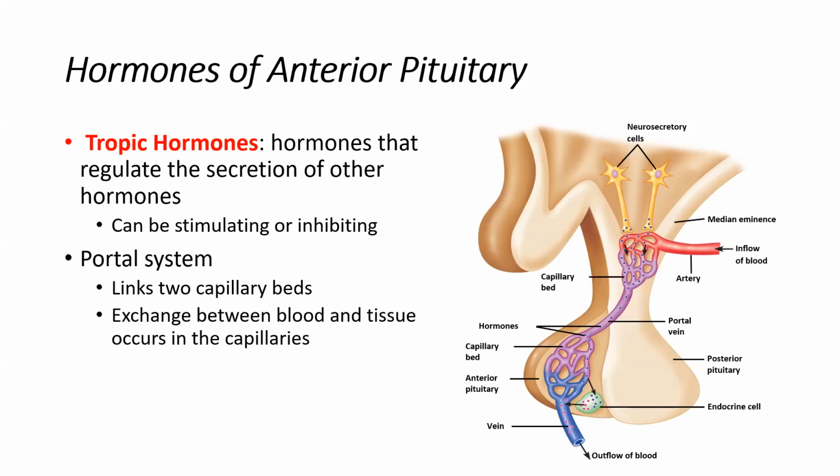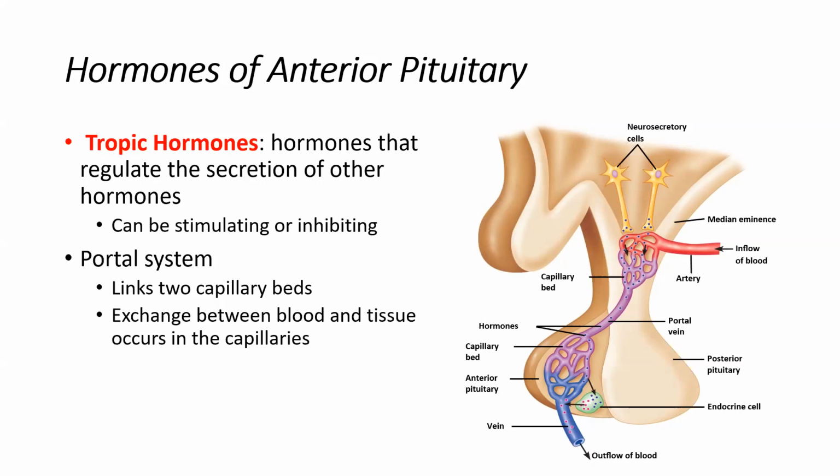Now these can be stimulating other hormone release, or they can also be inhibiting other hormone release. And so when we speak about the different trophic hormones that we'll touch on in the next packet, we're going to point out specifically whether or not they're encouraging the pituitary to release a hormone, or they are inhibiting the pituitary from releasing a hormone.